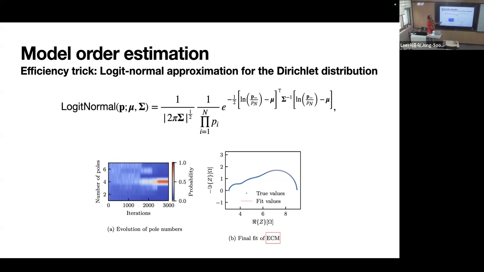The same amount of data, everything the same. At the beginning, the algorithm doesn't know which models to choose, but then it converges down to the proper value of 4 poles. The right-hand side is the true pole, and just behind it is the fitted value.